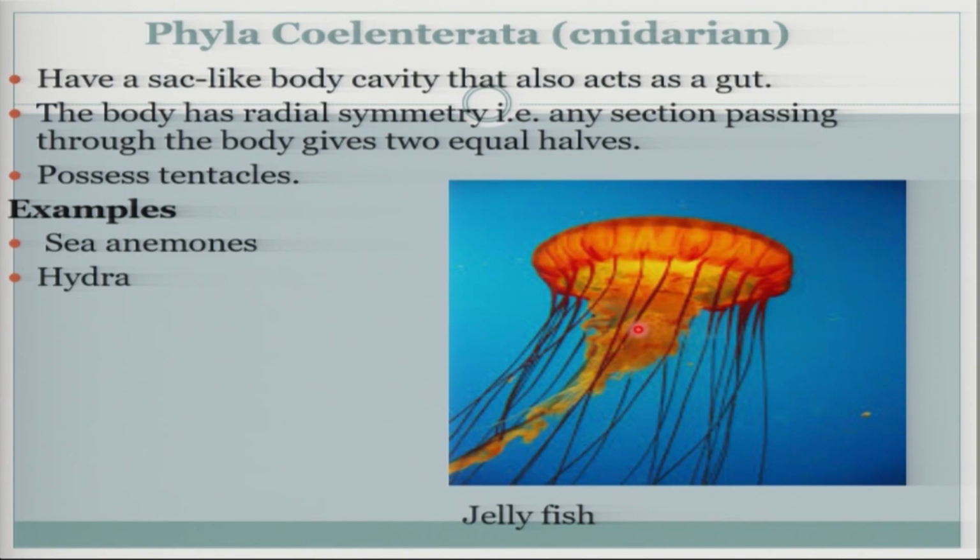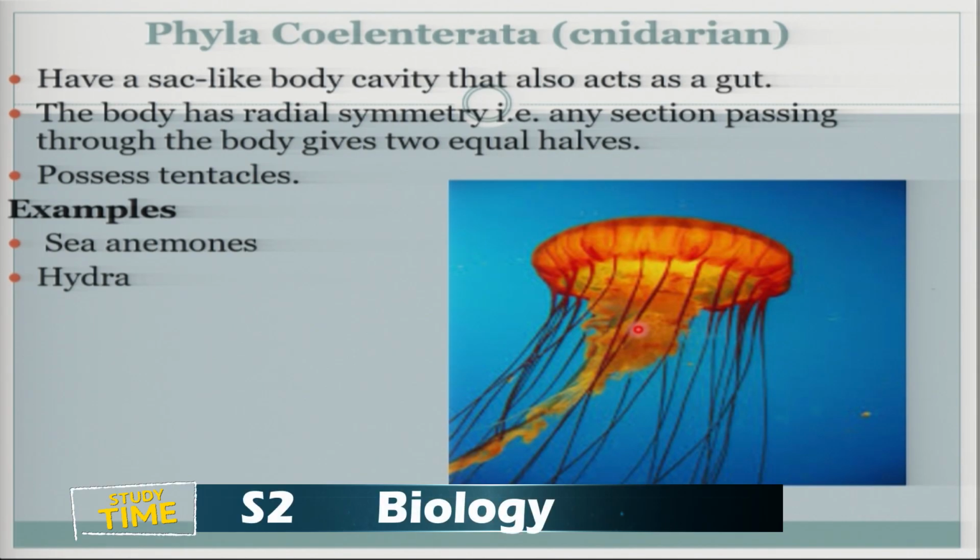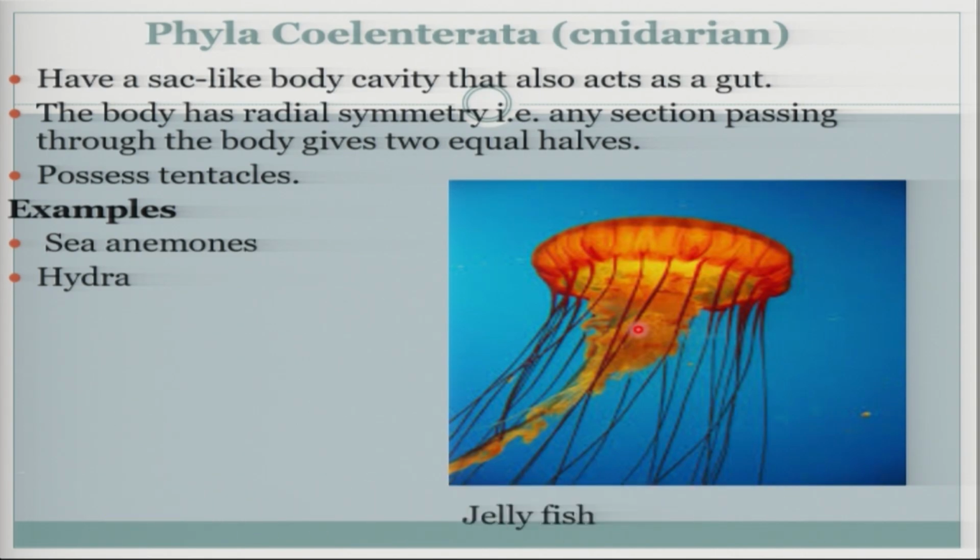The tentacles are very sensitive, very sensitive to predators, normally for security. They are very sensitive body parts, and for their security, you see they have a lot of them.